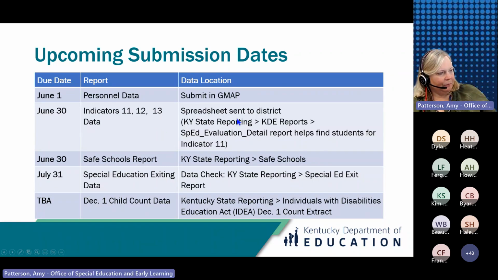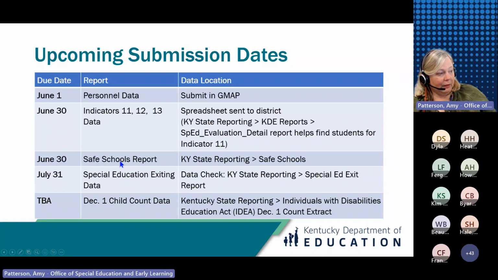June 30th, we have indicators 11, 12, and 13. I sent a spreadsheet for 11 and 13. And then indicator 12 was a link to a survey. And then our preschool coordinator also sent out the link to the preschool coordinators for indicator 12.